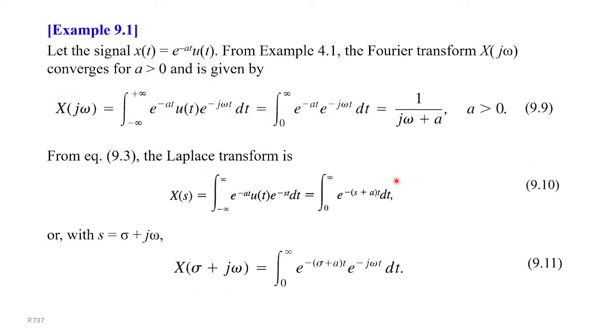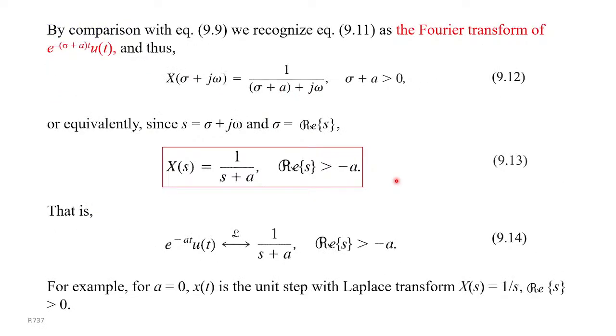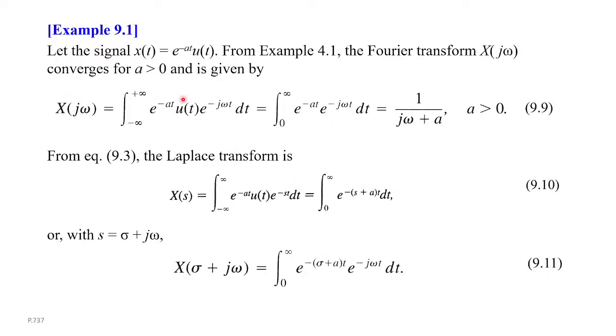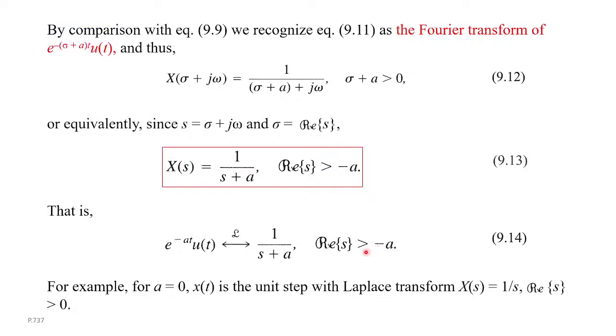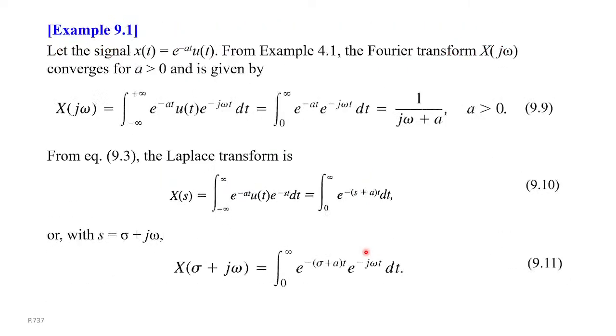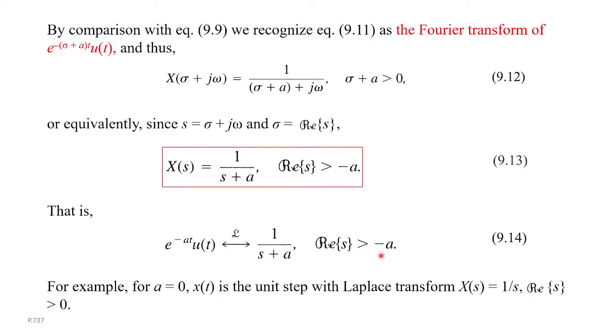Anyway, so this is the transform of e to the minus at, and this pair is going to be useful for a lot of calculation, as you can probably guess.